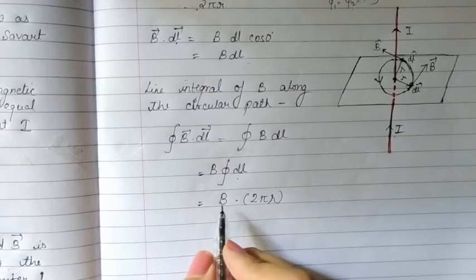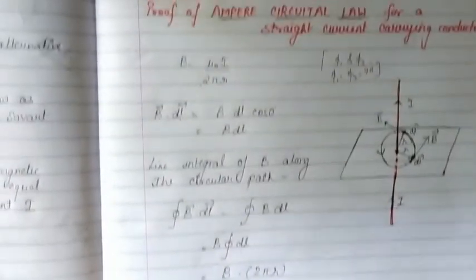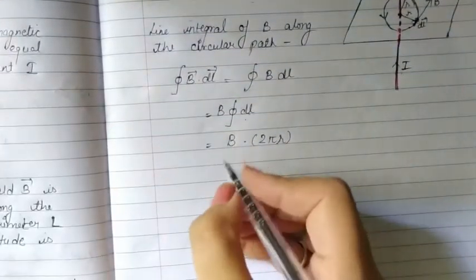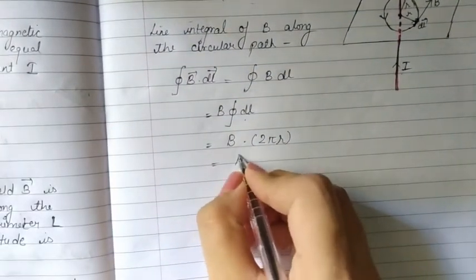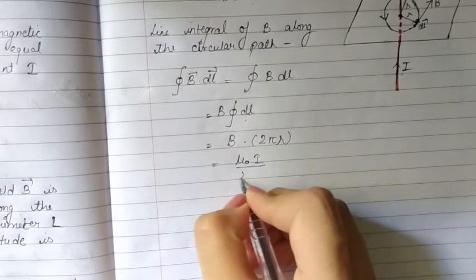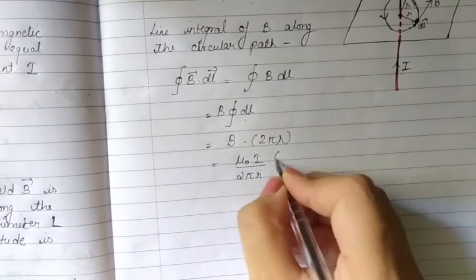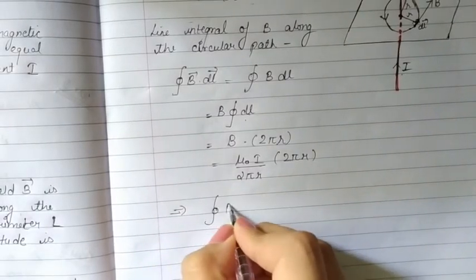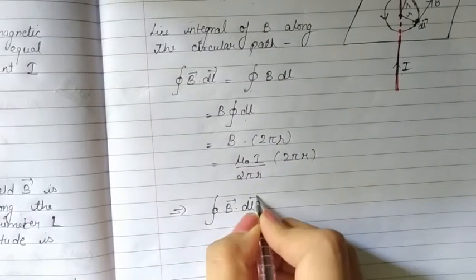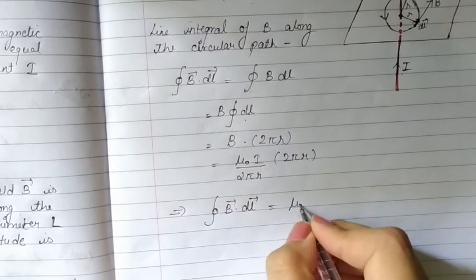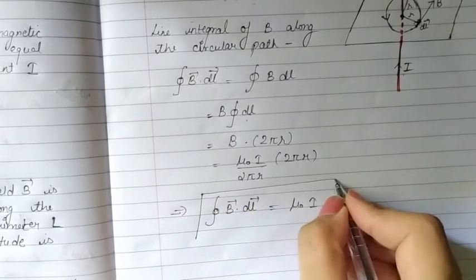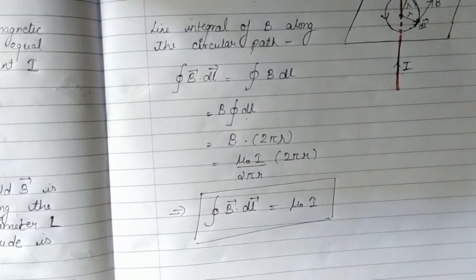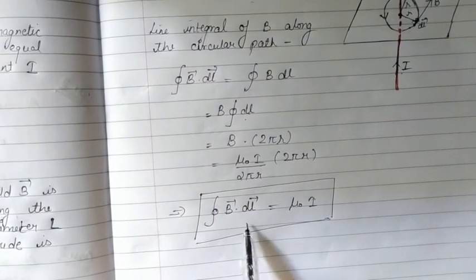And the value of B, we know, is mu naught I upon 2 pi r, so we can put it here: mu naught I upon 2 pi r into 2 pi r. On solving this, we get the closed integral of B dot dl is equal to mu naught I, which is actually the required relation that we know as Ampere Circuital Law.